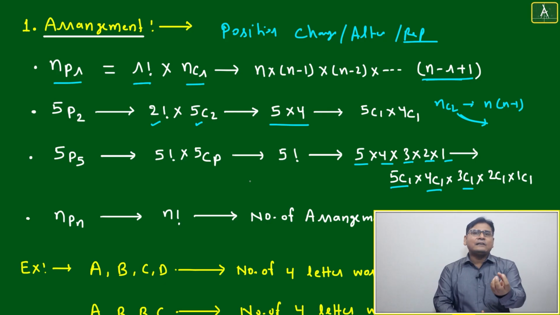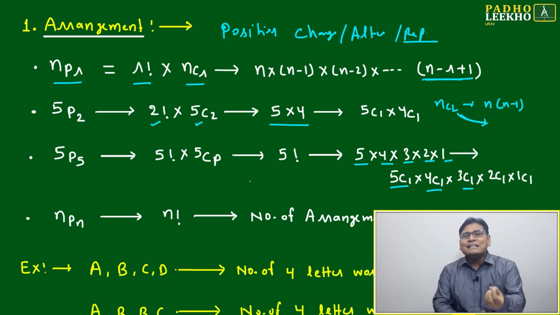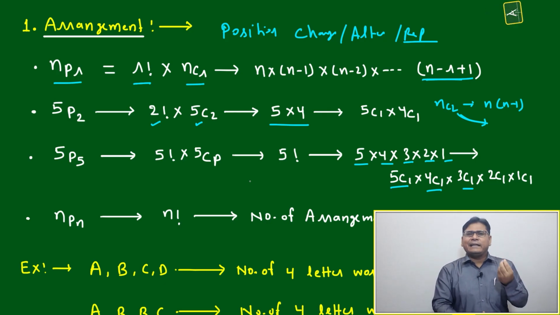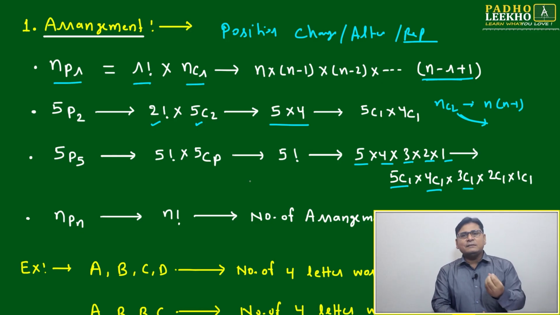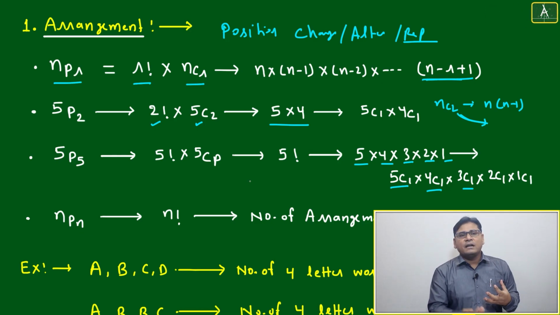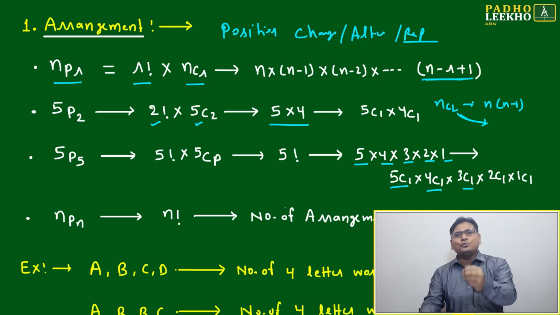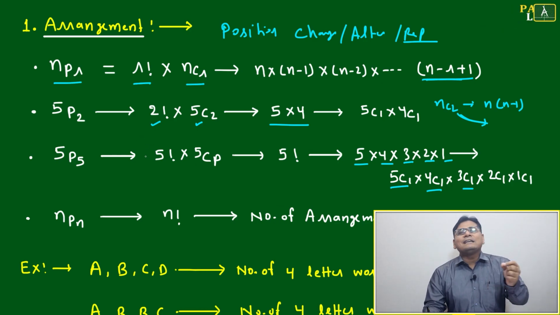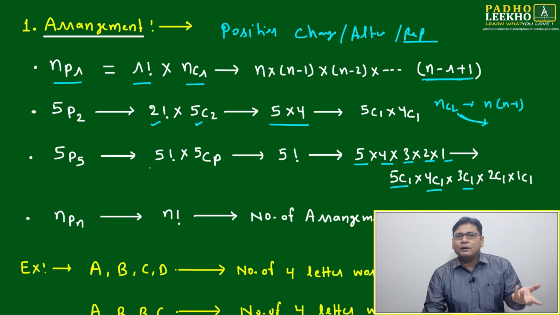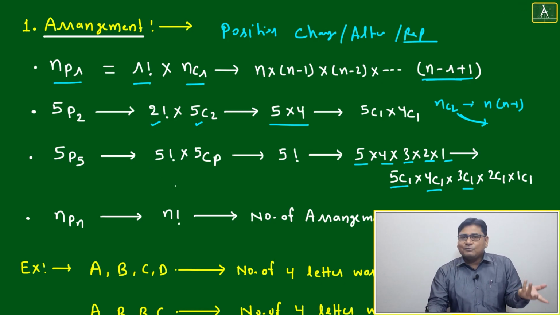Then we will select not 3 balls together, we will select 1 ball consecutively. One at a time: 5C1, 4 remain, 4C1, 3 remain, again 3C1. If you multiply 5C1 into 4C1 into 3C1, then it will give you exactly the value of 5P3. Means arrangement further is not needed.